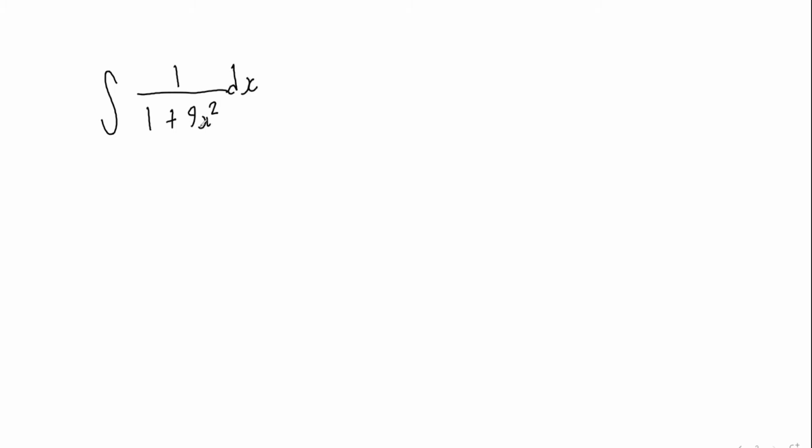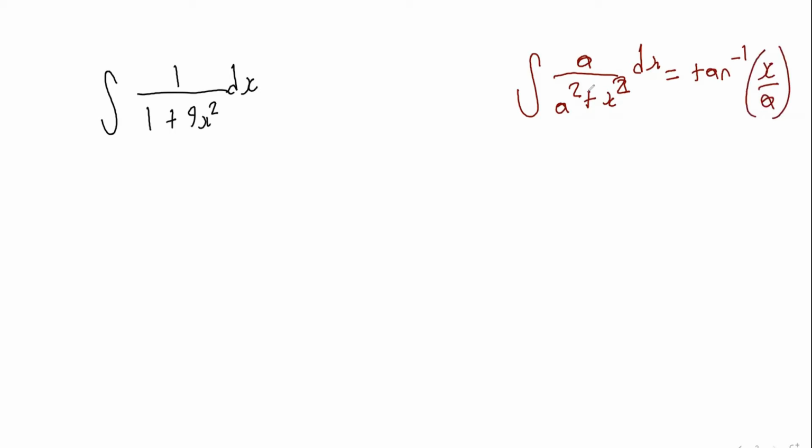If this is what we're integrating, we do know the rule for the integral of 1 over a squared plus x squared dx. We know that this is equal to tan inverse of x over a. That's what we do know.